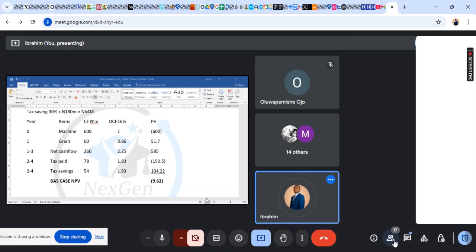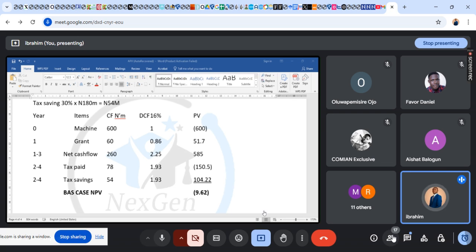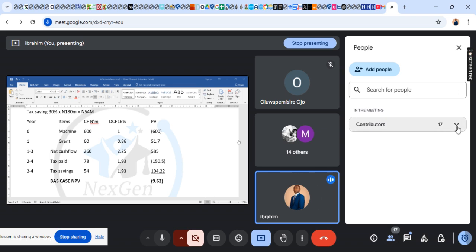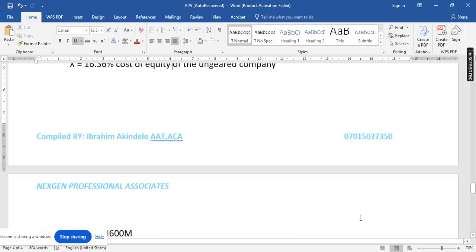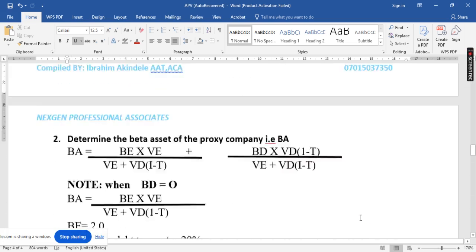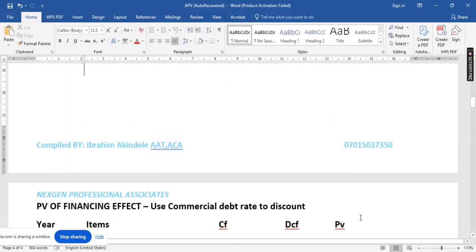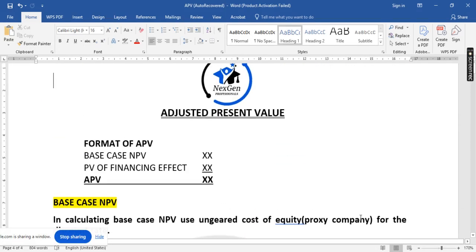Don't forget, at the beginning of this class, in summary, we talked about adjusted present value. It comprises all sources of finance. For you to determine adjusted present value, you need just two items: the base case NPV and the PV of financing effects.